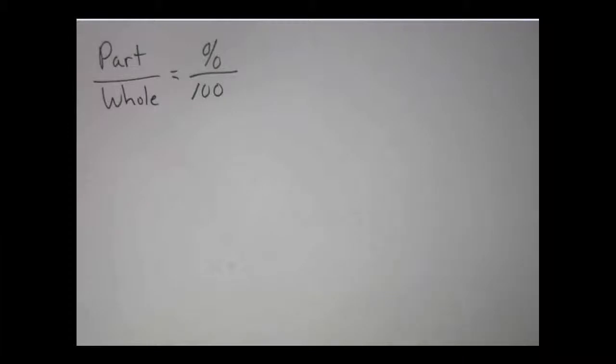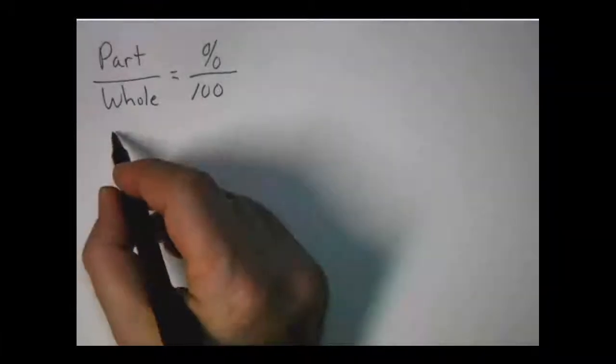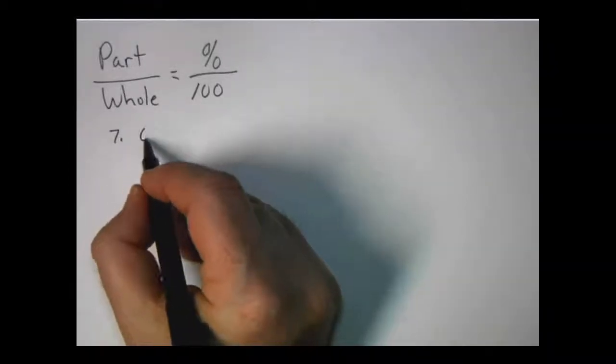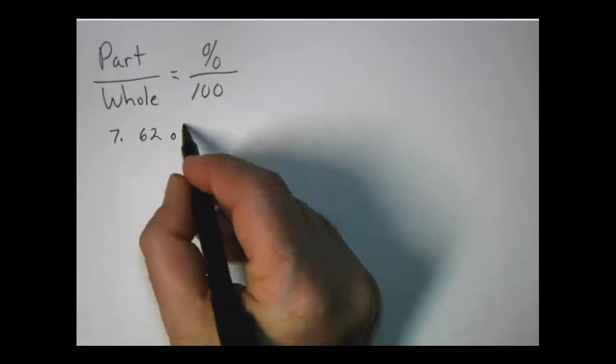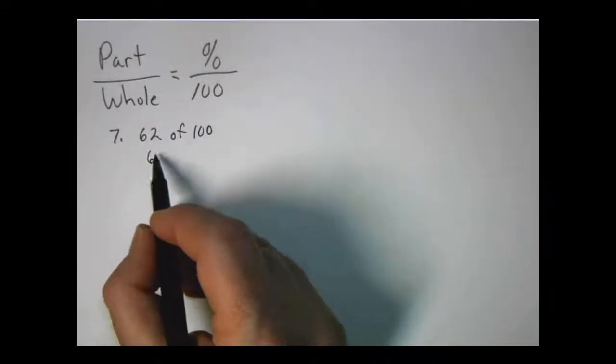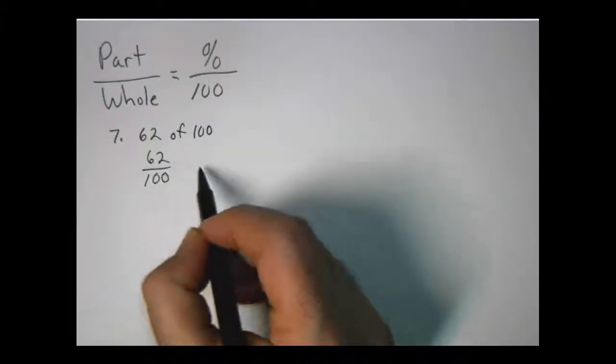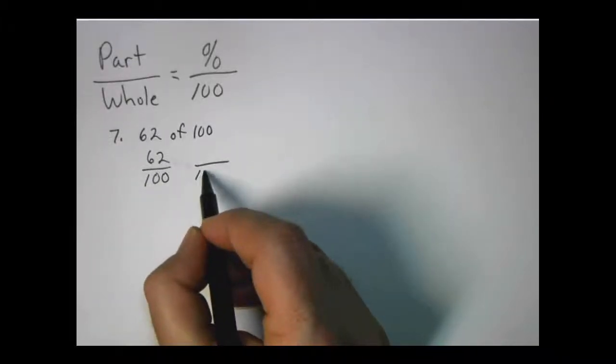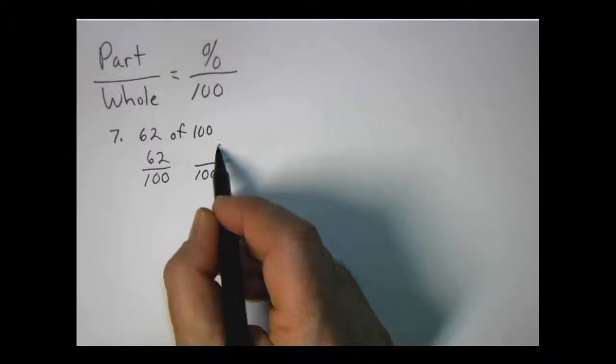I also like to think of percents a little bit as the part out of the whole. So as we're looking at our homework a little bit, if we had problem 7 here, we have 62 of 100. I'm going to write that into the fraction form here. So I have 62 over 100. And we can always think of percents as percents out of 100.